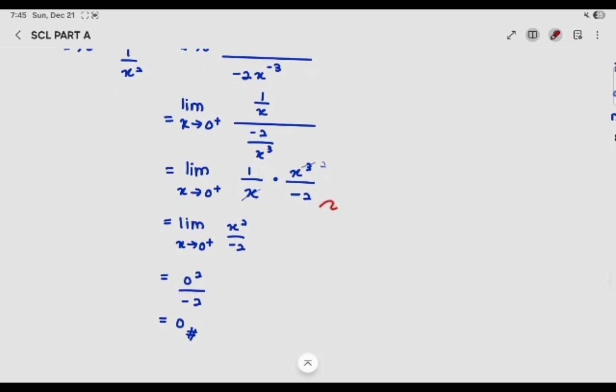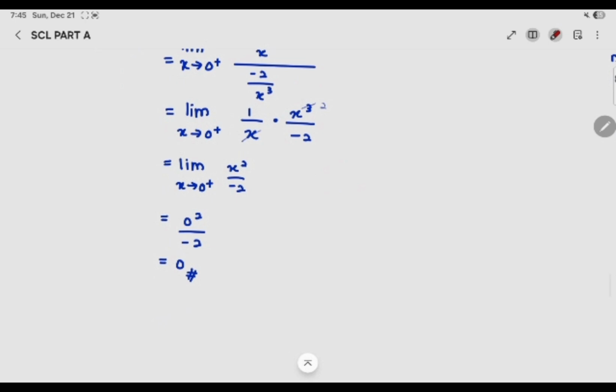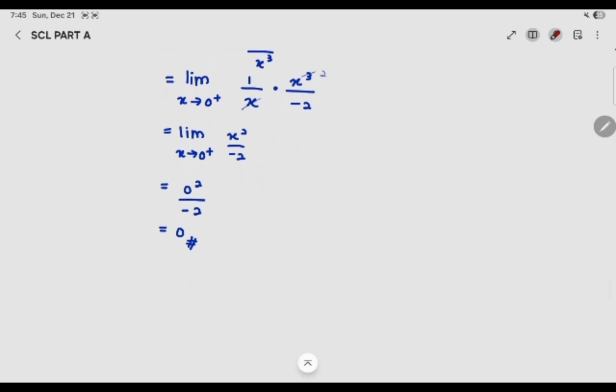This expression can be simplified. After simplification, the expression becomes x squared divided by negative 2. As x approaches 0 from the positive side, x squared approaches 0. Therefore, the final value of the limit is 0.